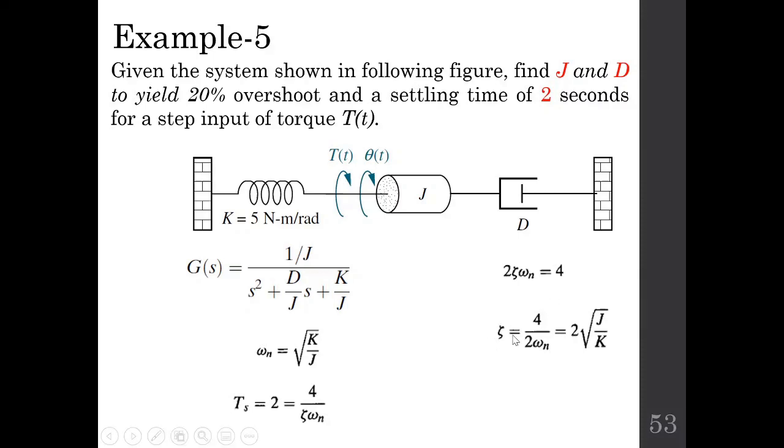From this, zeta is found as 4 divided by 2 omega n, where omega n is equal to under root K upon J. So we can replace omega n with this to find zeta equals 2 under root J upon K. So omega n is equal to under root K upon J and zeta is equal to 2 under root J upon K. The reason for doing this work is to simply represent omega n and zeta in terms of K and J.